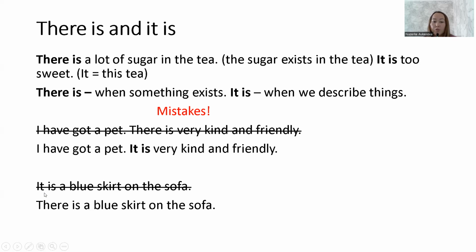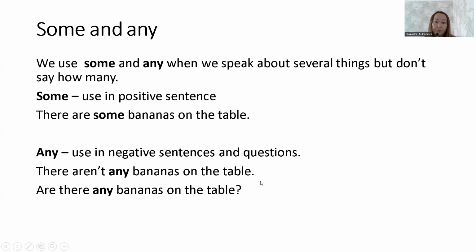And then you shouldn't say, it is a blue skirt on the sofa. You should say there is a blue skirt on the sofa, okay? Because a blue skirt exists on the sofa. We are not describing, we are telling that something exists on the sofa. That's why we have to use the there is construction.